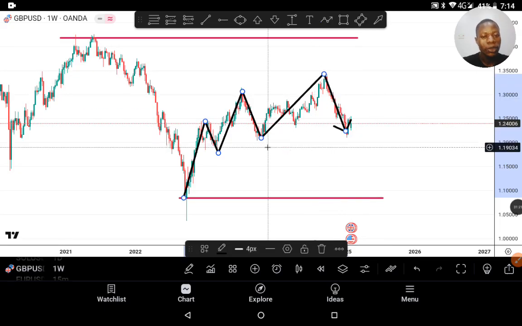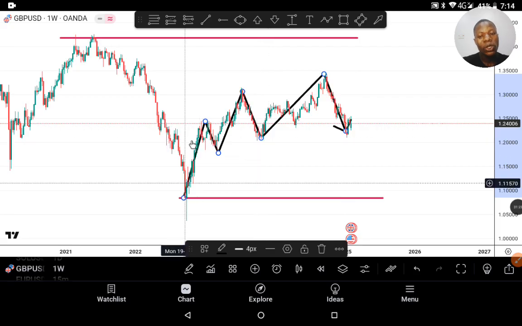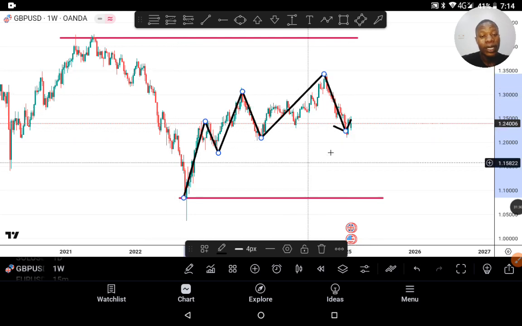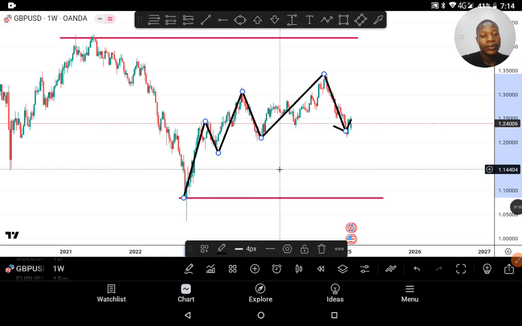It has not broken this low before. So within this phase of the chart, you can say we are currently in an uptrend market. That's on weekly.